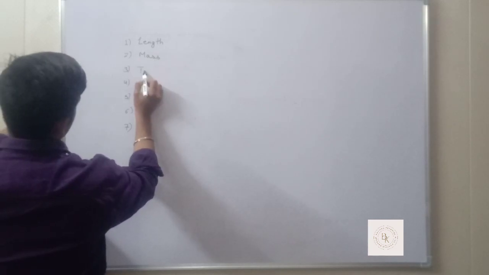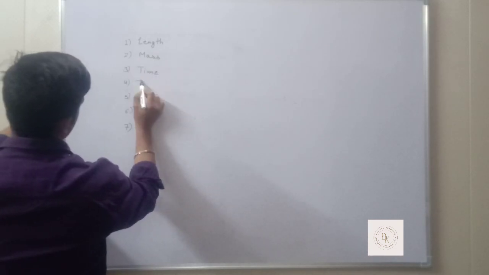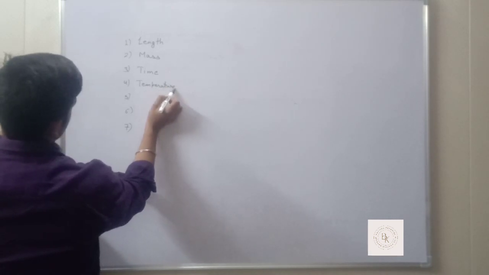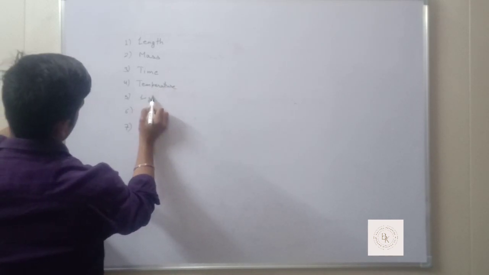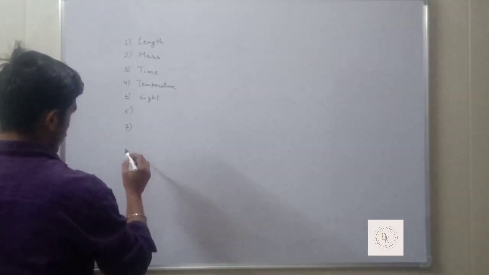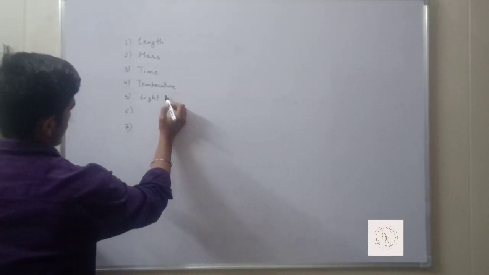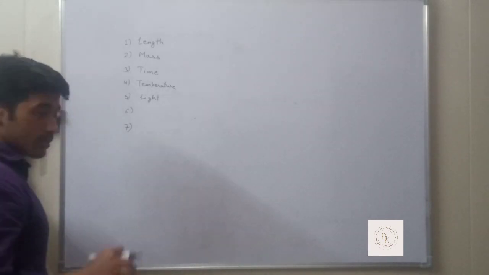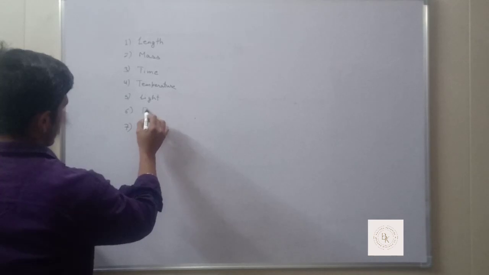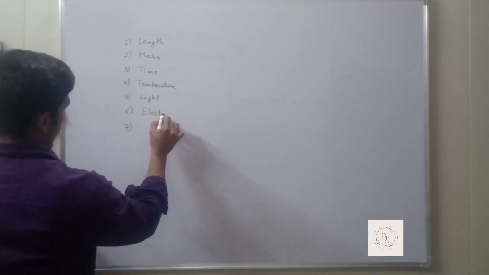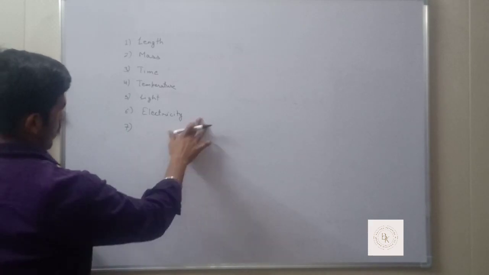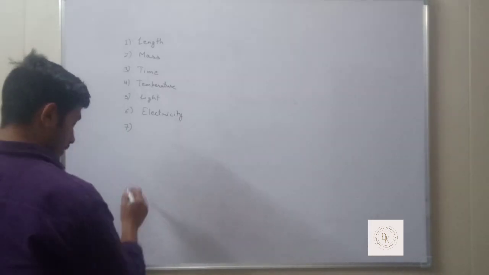These are length, mass, time, temperature, light, and this light is actually luminous intensity. Now electricity, and the next is the quantity of matter.